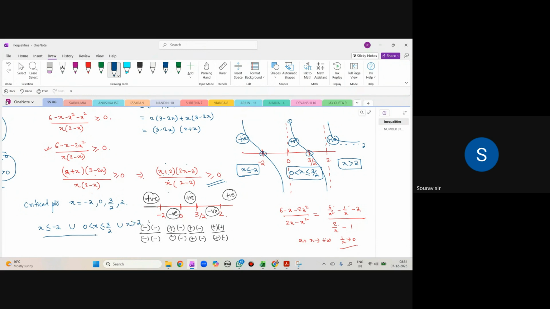So this is the full solution set of this inequality. Is it clear? This method is called wavy curve method. These dotted lines are called vertical asymptotes.